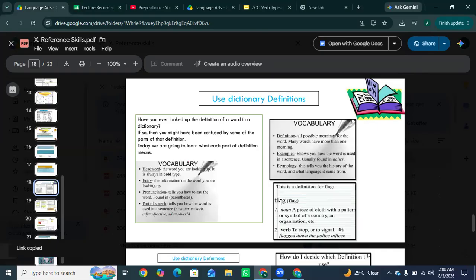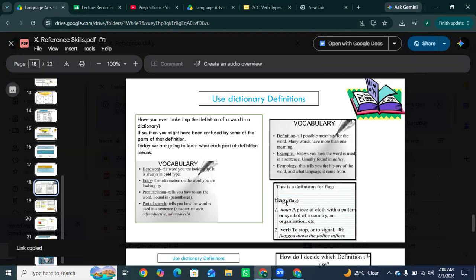It uses flag to demonstrate how all these pieces come together in a real dictionary entry. So flag is a noun: a piece of cloth with a pattern or symbol of a country or organization, etc. It basically consists of the definition.